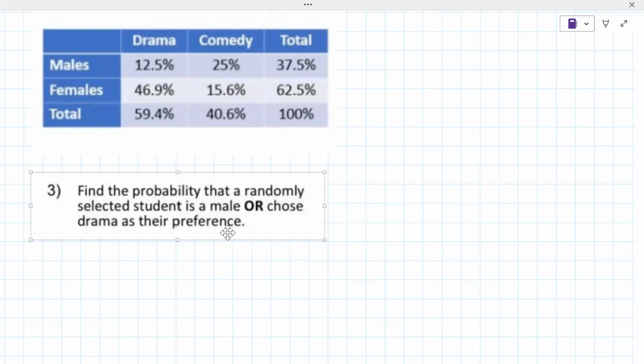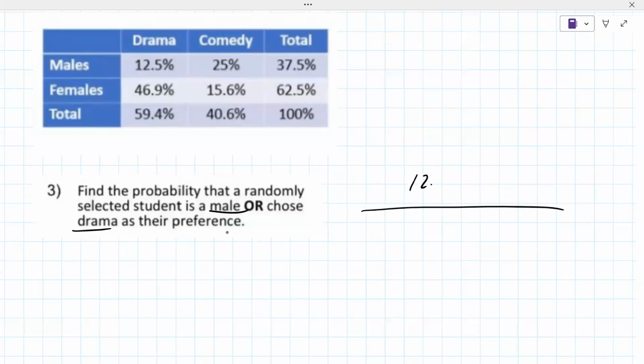So we know there's 12.5 plus 25, that takes care of the males. And then 12.5 plus 46.9. You've already counted the 12.5, so you don't double count it. So 46.9 out of 100.